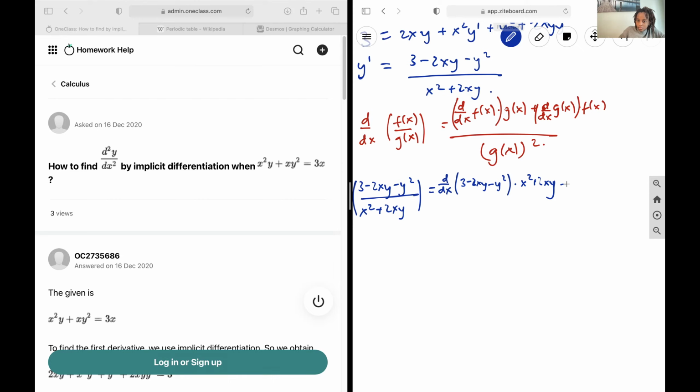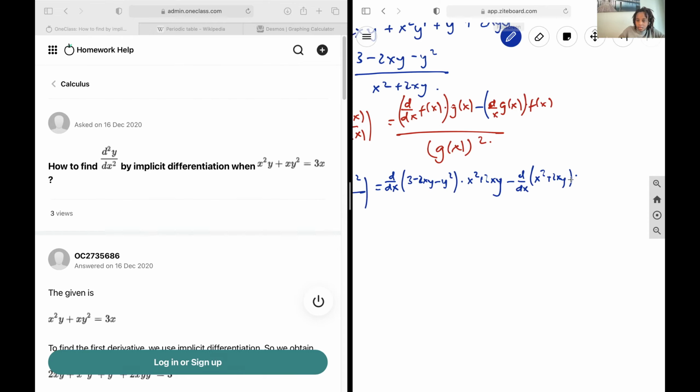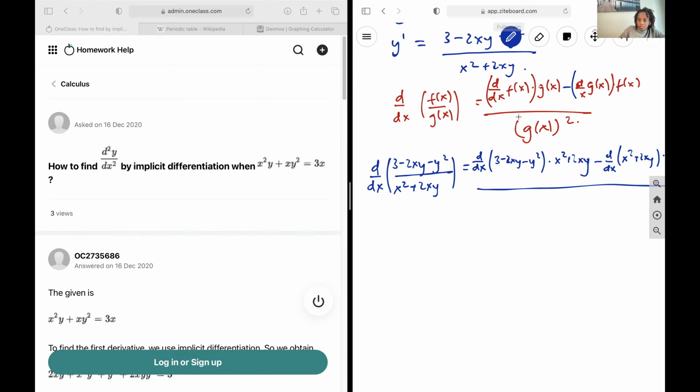And then we're going to do minus, my apologies, this is supposed to be a minus, d over dx of x squared plus 2xy multiplied by our numerator. So 3 minus 2xy minus y squared. All of this is going to be over our denominator squared. So over x squared plus 2xy squared. And so now let's go about finding all of these.